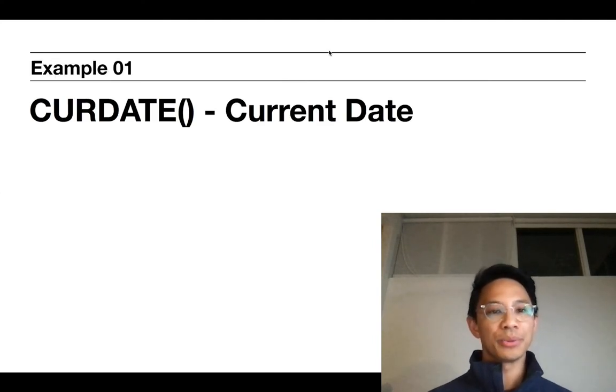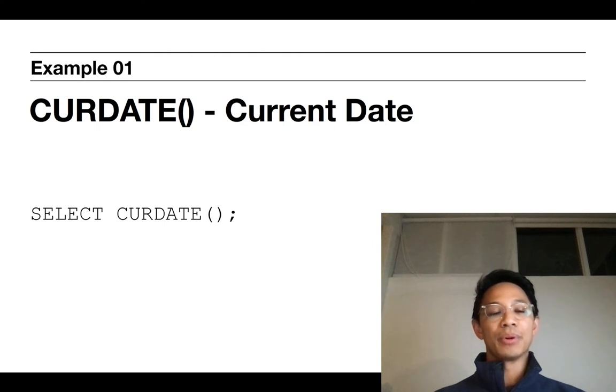Okay, so the first one we're going to cover is the curdate function. It simply gives you the current date, I'm sorry, not the date time, just the current date. We'll make this simple. Go ahead and run select curdate.